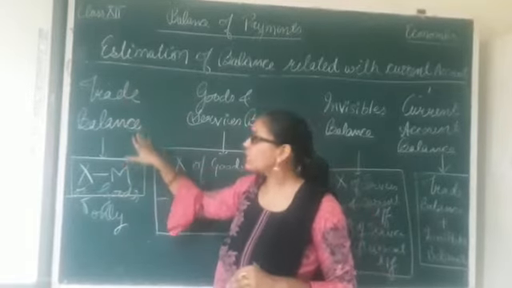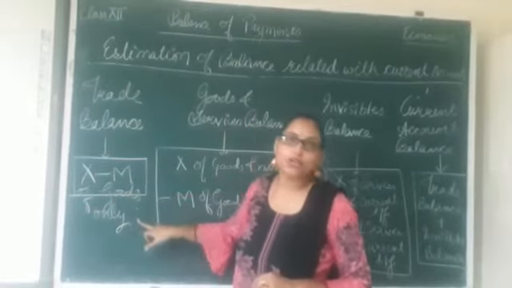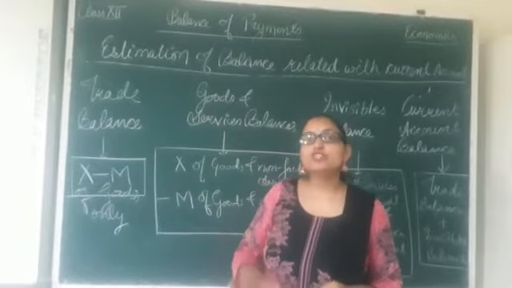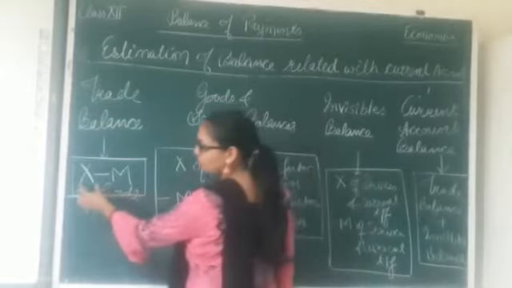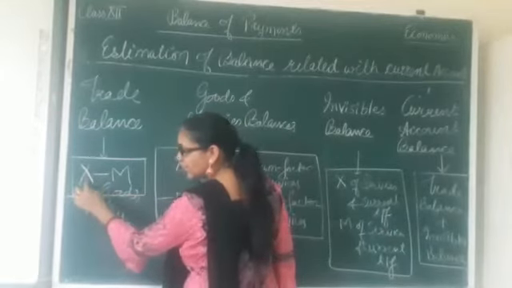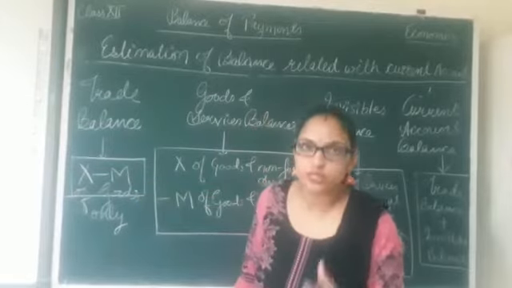Clear? So how can we calculate the trade balance? Export minus import of goods only. Here we are taking only goods which are being exported and imported. So whatever the payment receipts we are getting from the export, here X denotes exports and M denotes imports. Clear?